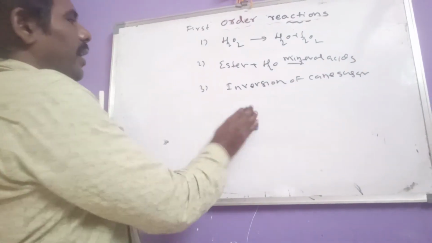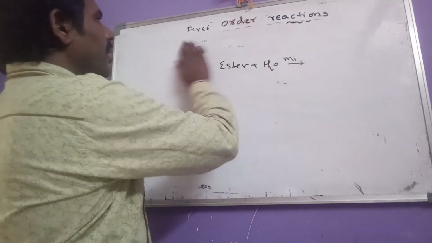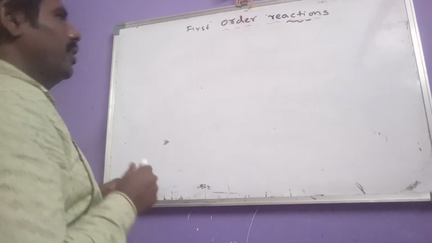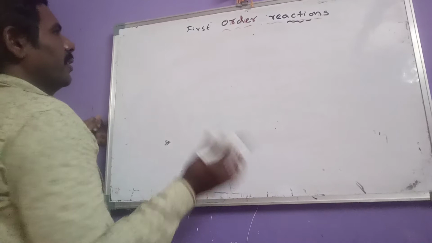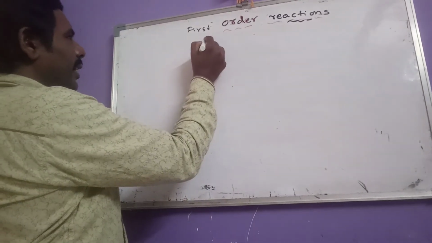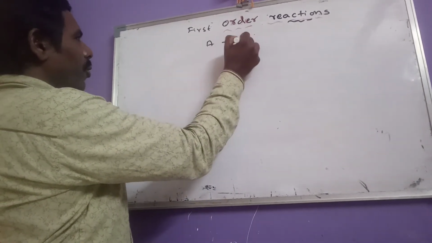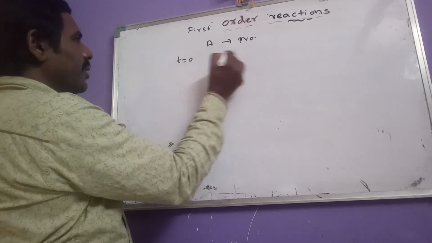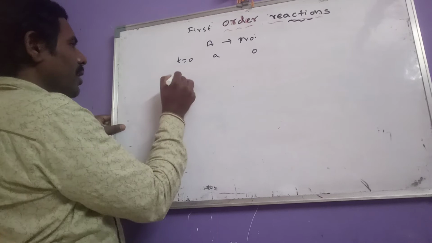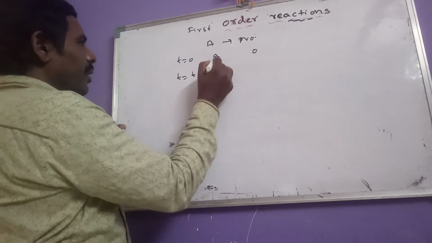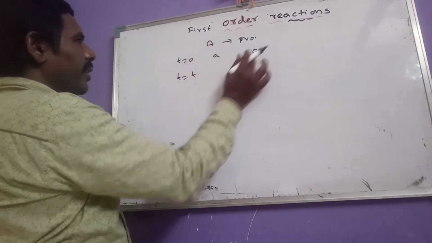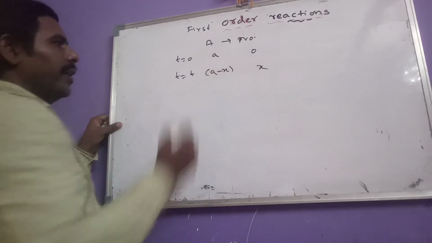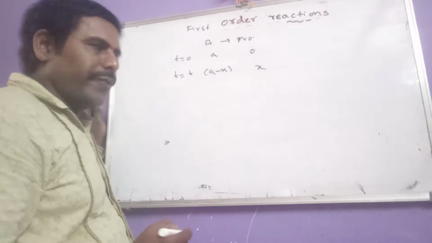Now let us see the derivation of the rate constant for a first order reaction. How to determine that rate constant? For example, A gives products, and the initial concentration is a and products 0. After time t, some amount x of reactant is converted into products, so the remaining concentration is a minus x.